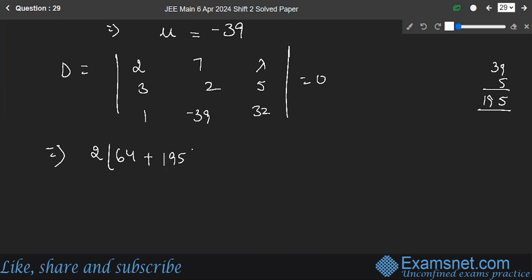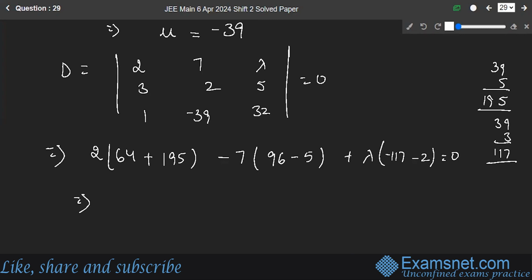Okay, 195 minus 7 into 96 minus 5 plus lambda, and this is 39, 3, 27, 117. So this is minus 117 minus 2. This is equal to 0.